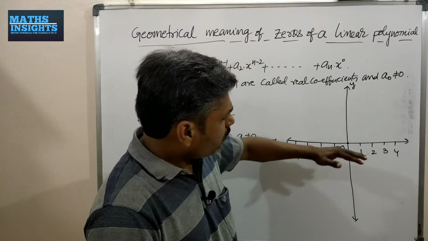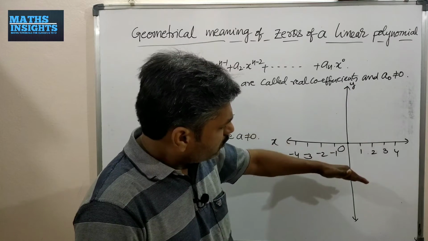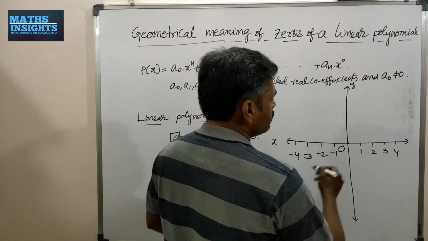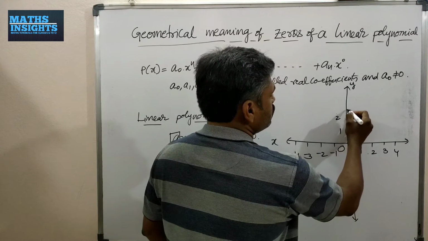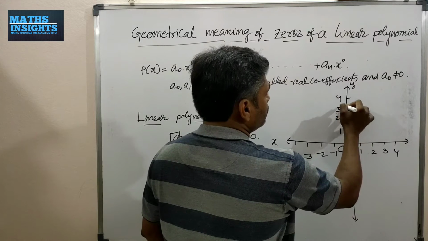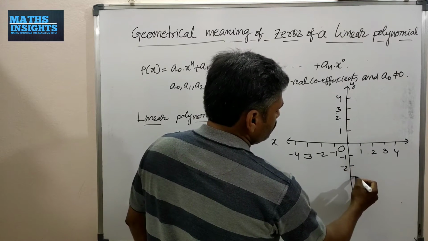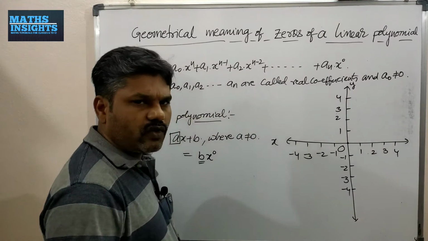Similarly, the upper part of y-axis is positive and the lower part of y-axis is called negative y-axis. So you may write this is +1, +2, +3, +4. Similarly, this is -1, -2, -3, -4, -5 and so on.